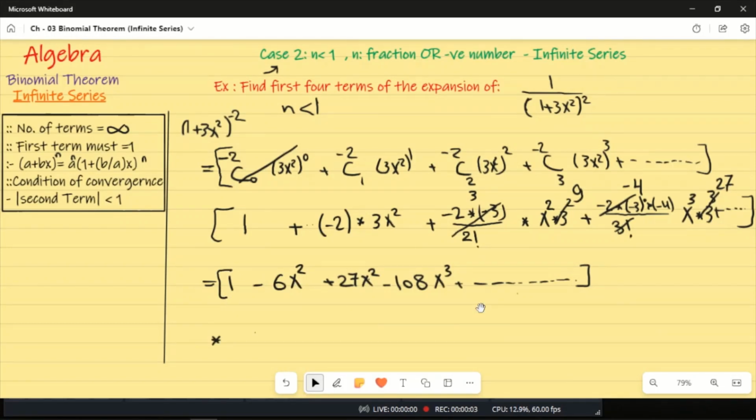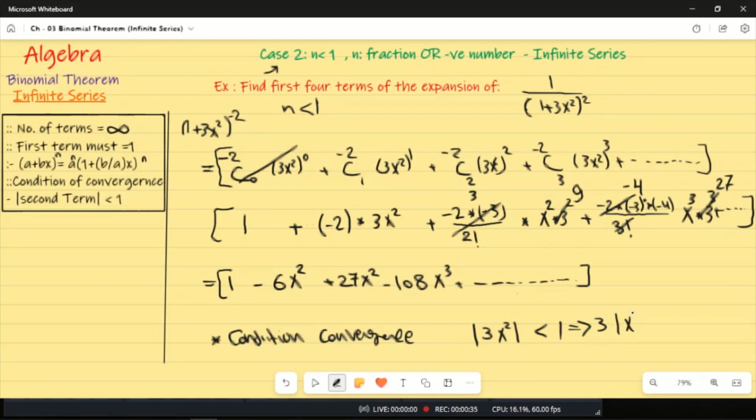Okay, our solution isn't complete. We must write the condition of convergence. Here we have the absolute value of the second term. The second term is 3x squared, less than 1. So we have 3 absolute x squared less than 1, so x squared less than 1 by 3.